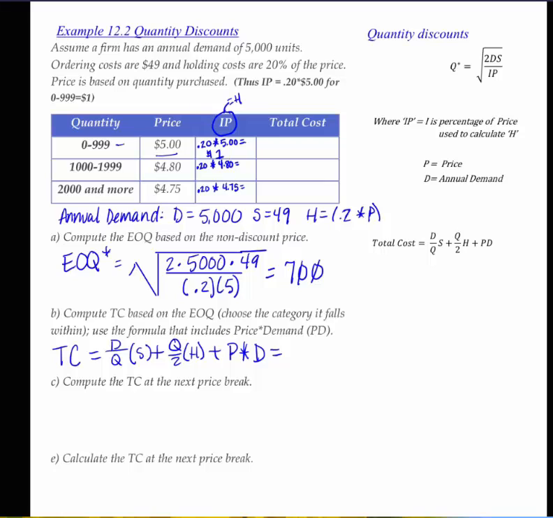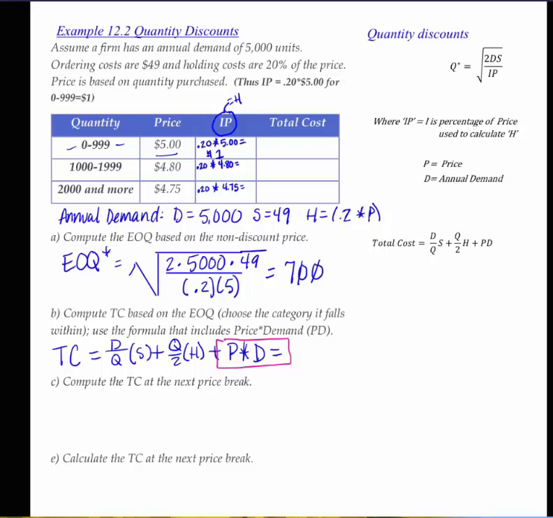So we go ahead then and calculate total cost, very much like we did on the previous page. However, now we're adding in this new part, and that is this PD right here. It's price times demand, because now we have to consider the price for each of these units. So we can fill out our total cost model down here, similar to what we did on the previous page, but we need to include the price.